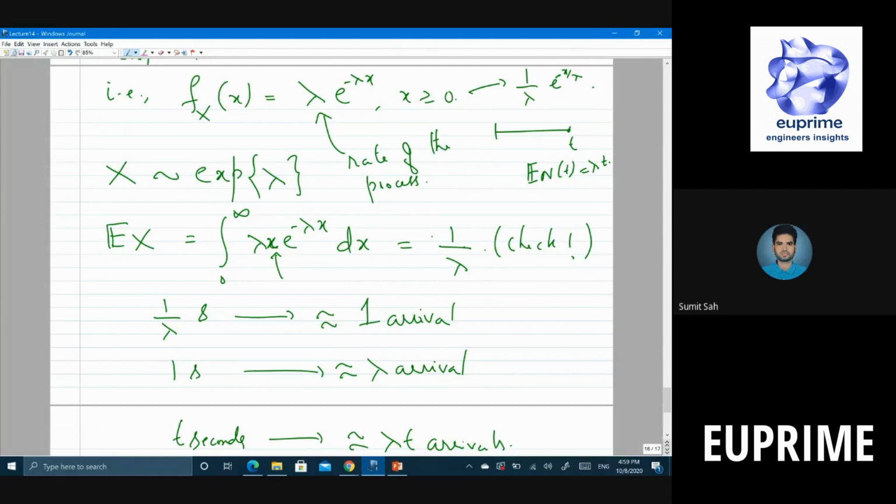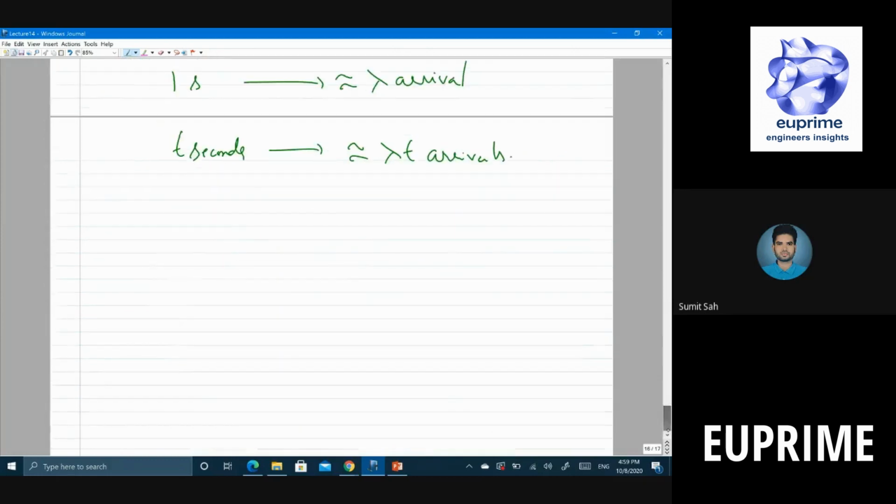Sir, how do we get this kind of distribution, like Poisson or geometric or exponential? Is it experimental? Here we are taking the arrivals as random variables, like Poisson processes and Bernoulli processes.